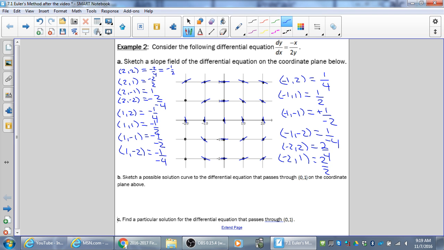That's 1. Slope of 1. And then negative 2, negative 1. That's 2 over negative 2. That's negative 1. And then finally, I'm running out of room. Negative 2, negative 2. That's 2 over negative 4. It's negative 1/2. Like that.